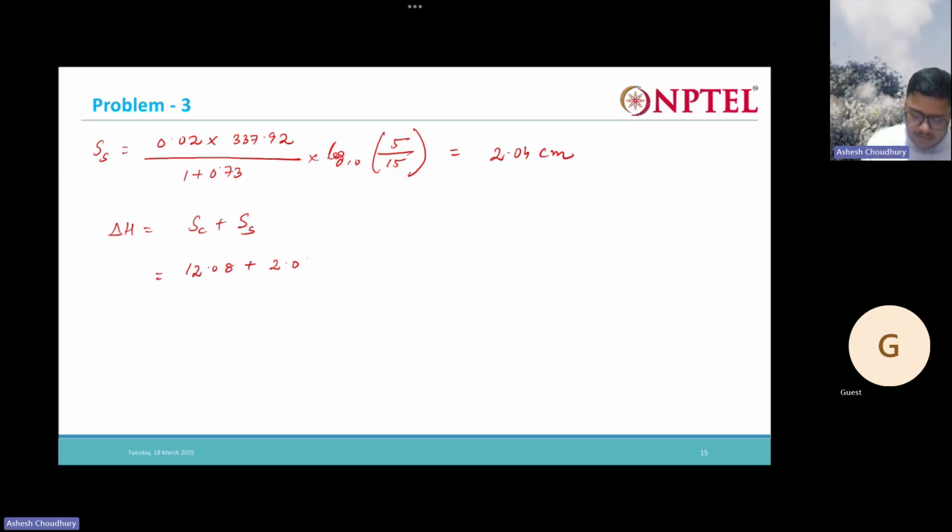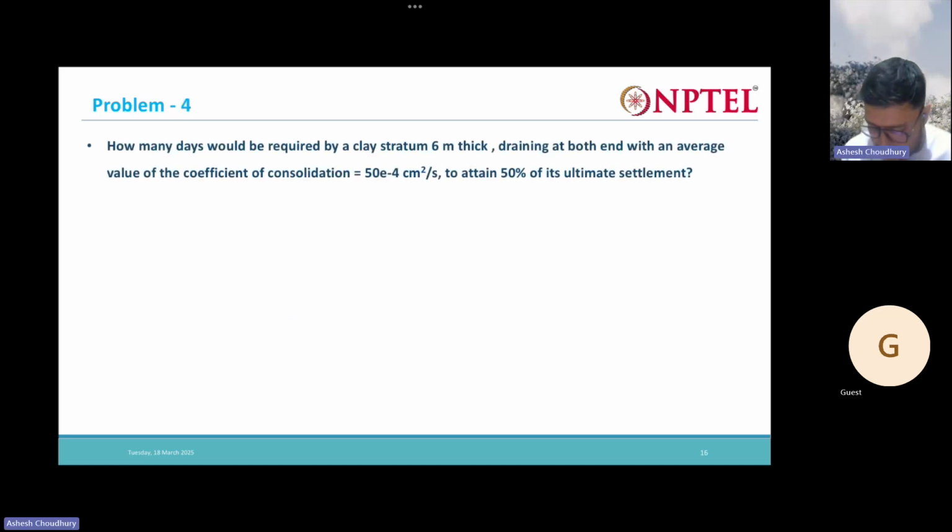Because the secondary settlement is very less compared to the primary consolidation settlement. This is the total settlement. So initial settlement plus the primary consolidation settlement plus the secondary consolidation settlement. Okay, this comes out as the total settlement.